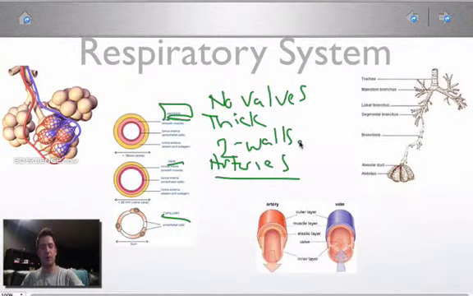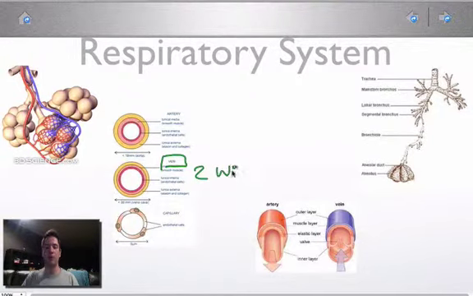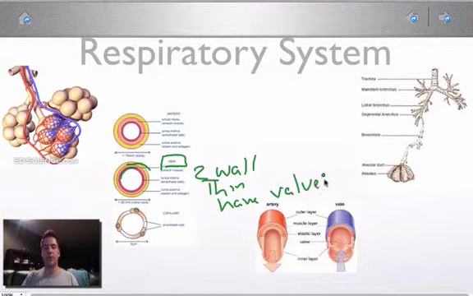I'm just going to delete this, and then we have veins. Veins have two walls. What I mean by walls, guys, is there's one wall here and then another wall here. So they're double walled, but they're thin and they have valves. What's a valve?